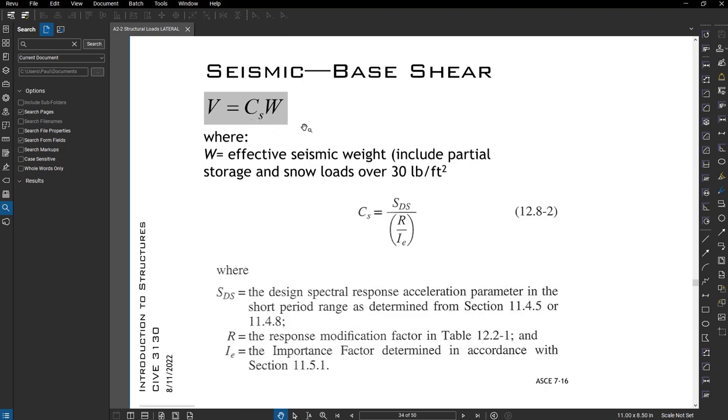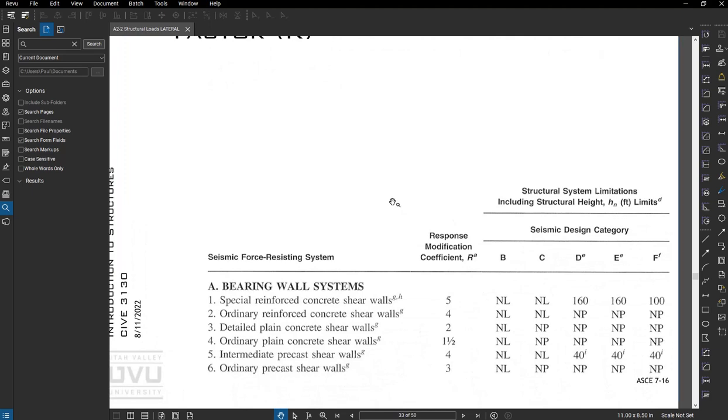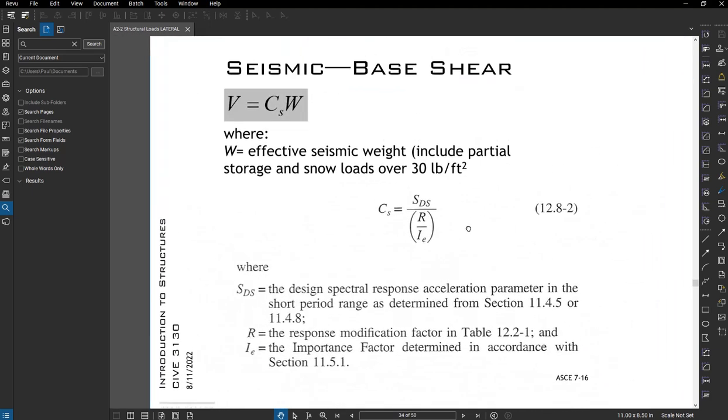So if I divide the seismic force by 5, that's big. That's a 5-fold reduction in force. The corollary is I have to then design that element to be ductile, to absorb energy.